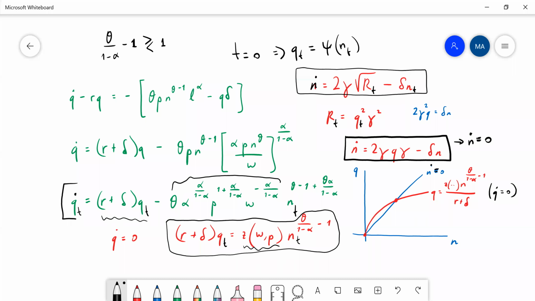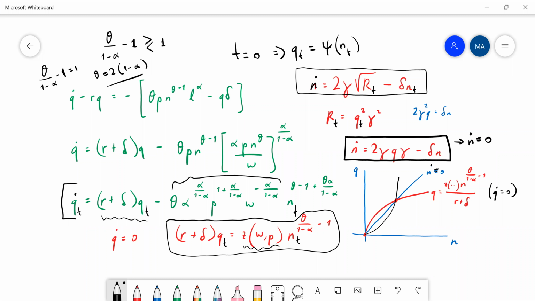Now, depending on the shape, again, that could be that as well. Or if theta divided by 1 minus alpha is just equal to 1, so if theta is 1 minus alpha, it is linear. But this is a singularity condition, so we don't believe that theta and alpha are related in this way.